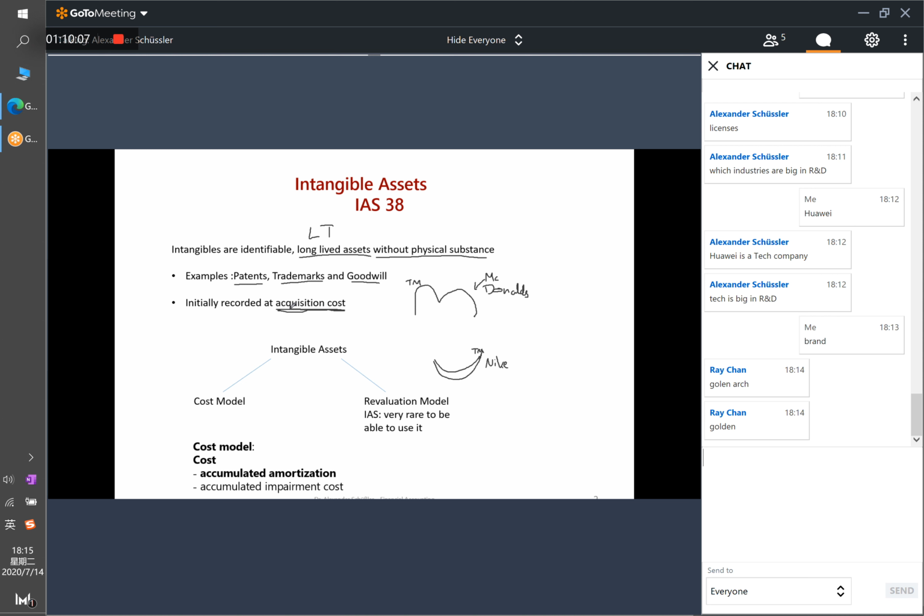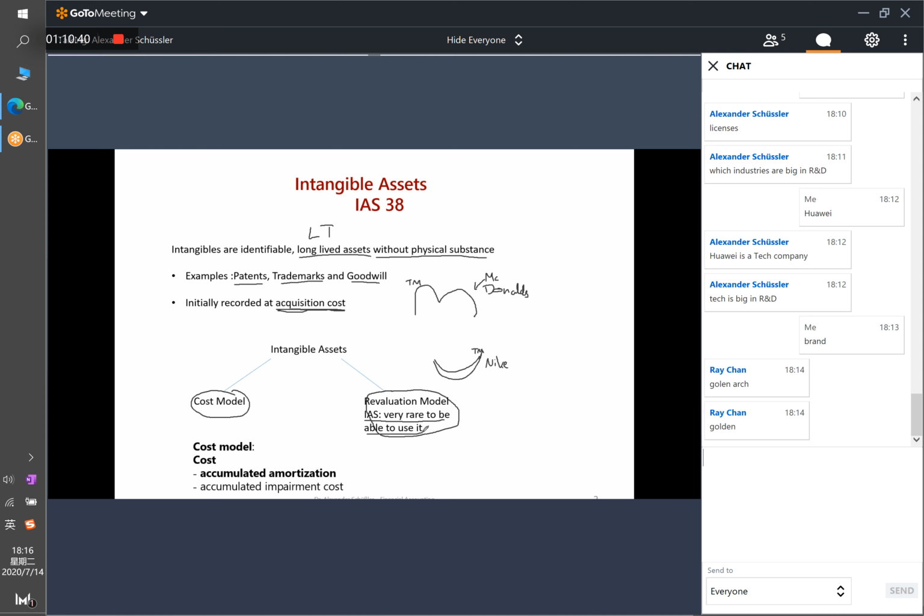And for subsequent measurement, firms have to choose, similar to property, plant, and equipment, between the cost model and the revaluation model. But IFRS says it should be very rare to be able to use it.